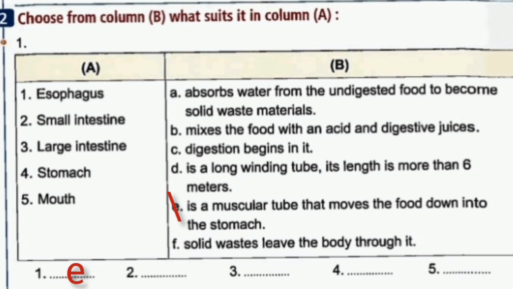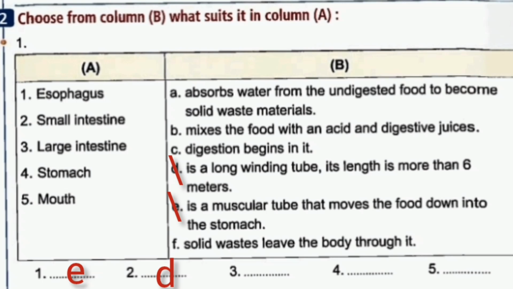Next one, number 2, small intestine. Small intestine is a long winding tube. Its length is more than 6 meters. So we will choose letter D with number 2. Number 3, large intestine. Large intestine absorbs water from the undigested food to become solid waste materials.